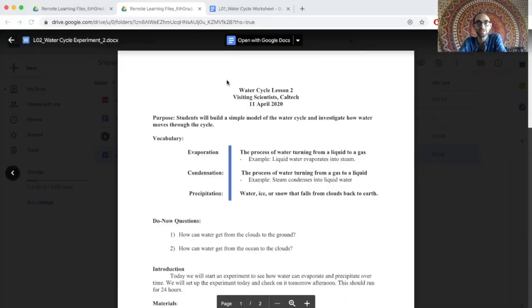So now hopefully you can see the handout that I made that you should also have to complete this lesson. So now we're on my computer, and let's go through a little bit of this lesson plan, and then we can get filming to actually make this model.